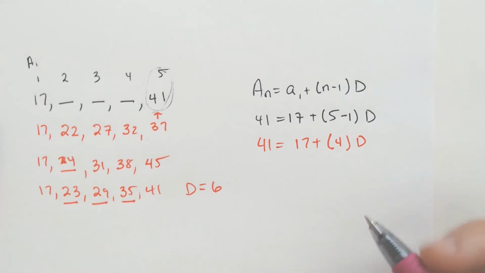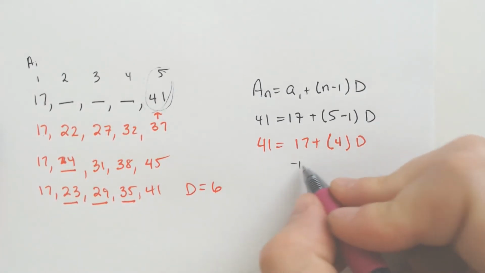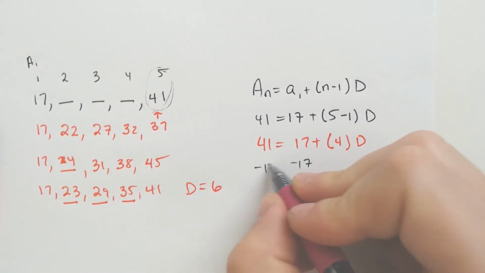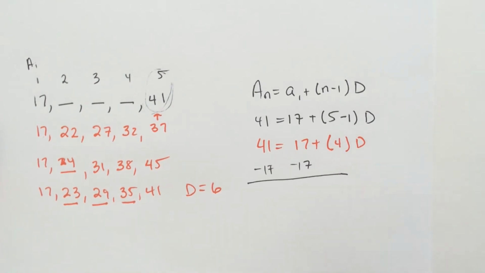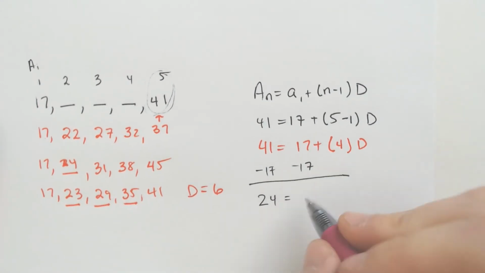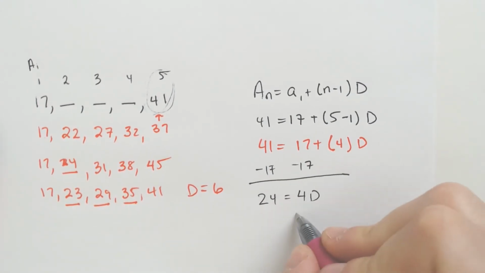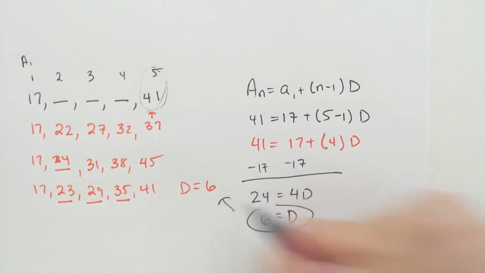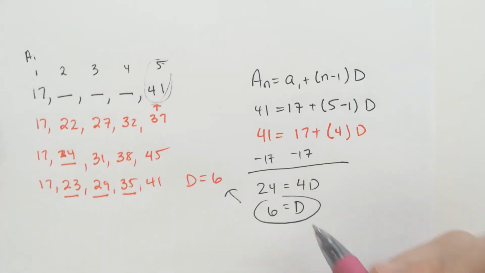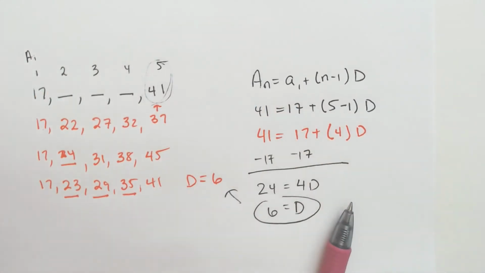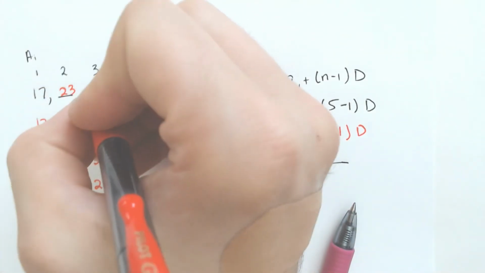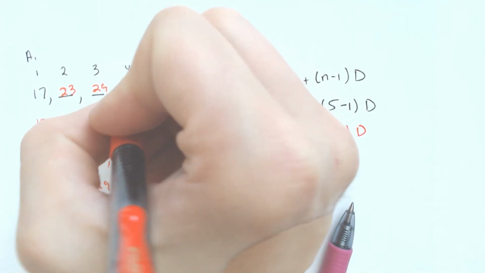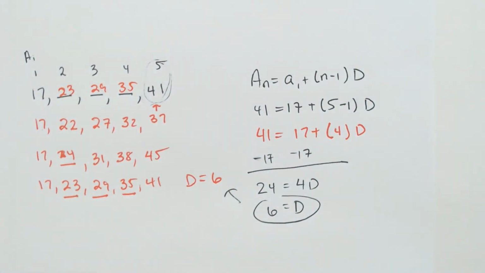And then you solve, you subtract 17, and you get 41 minus 17 is 24, is equal to 4d, which means that the d when you divide by 4 is 6, which we already knew. We're doing the problem just a different way. And once you found out the 6, then you could add 6, just like we did before, and add 6, and add 6, and get those 3 missing values either way.